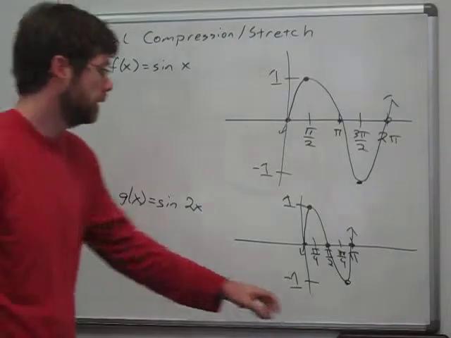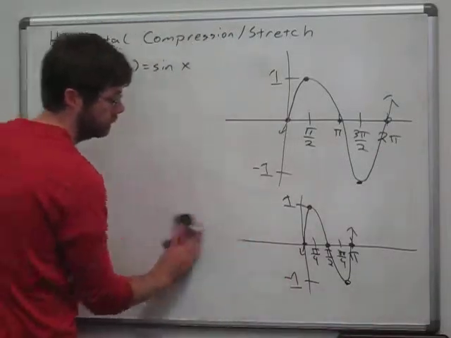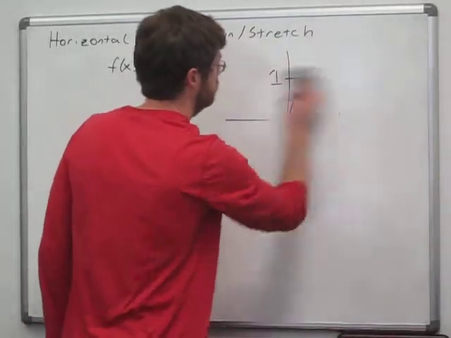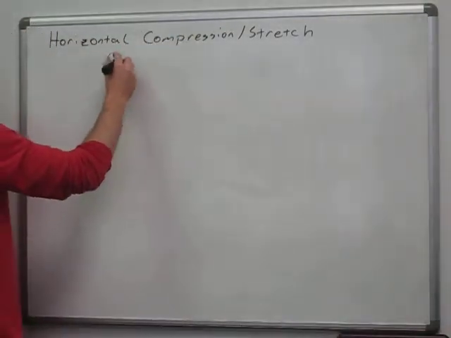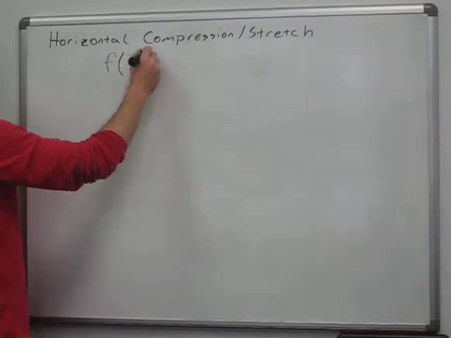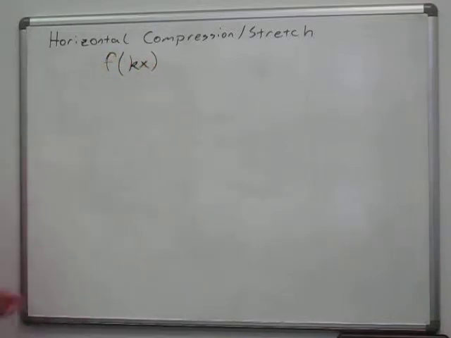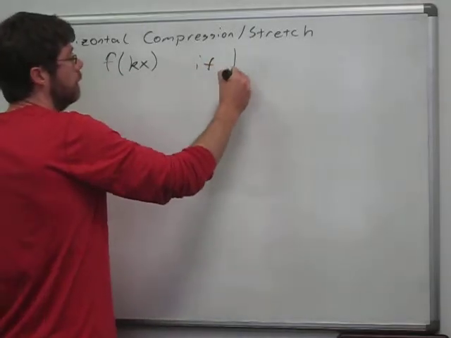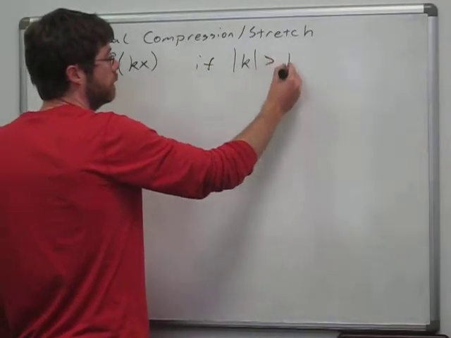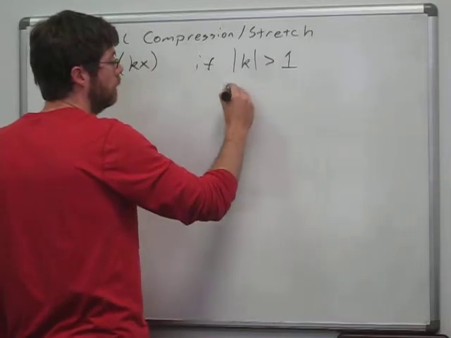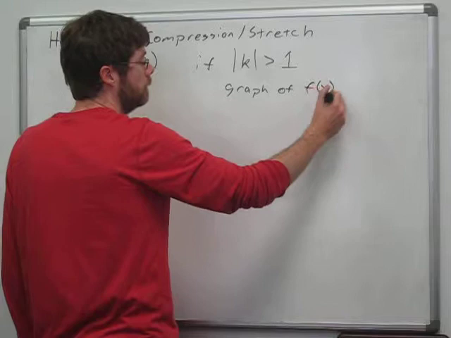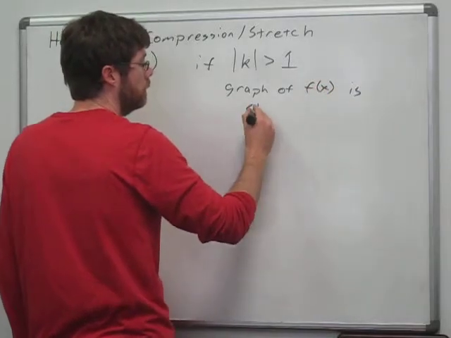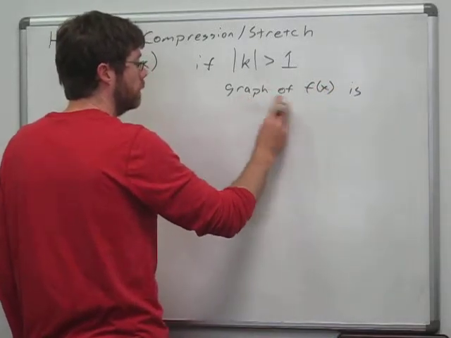Okay. Generally speaking, if we have some function f and replace x with k times x, if the absolute value of k is greater than 1, the graph of f of x is compressed horizontally.